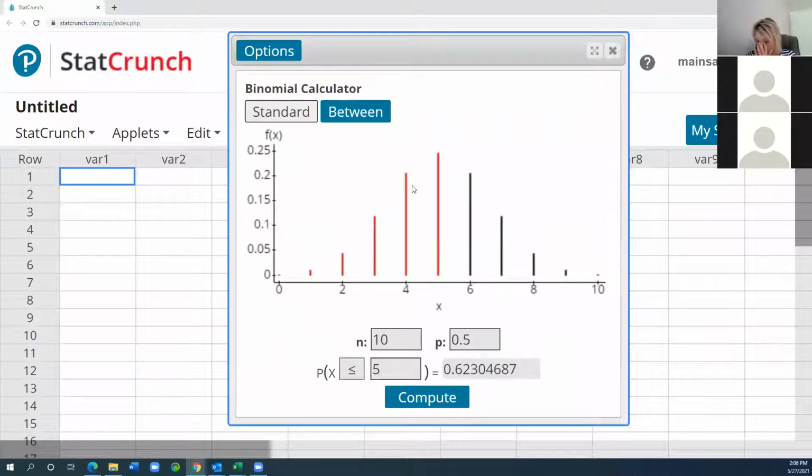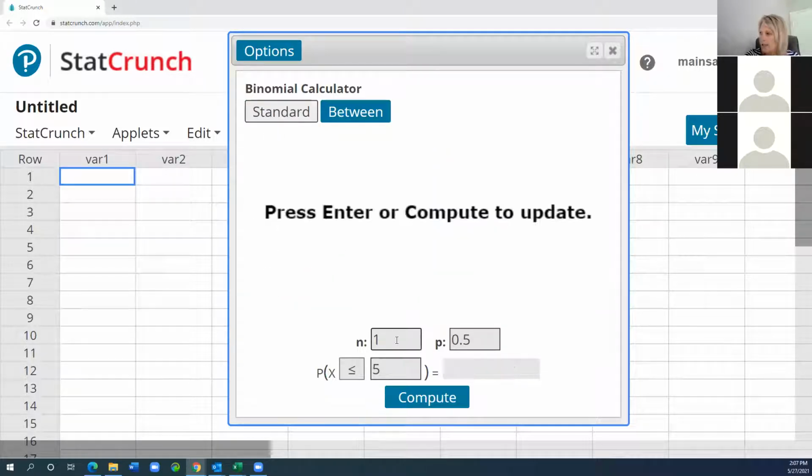When it's just an inequality on one side or the other, we're just using the standard here. When it's in between, so letter D is an in between, we're going to choose the one on the right, but for now we're in the standard. And so we have to put in our N, which is 18 in our sample, and our likelihood of success, P, we have to change to 0.85.